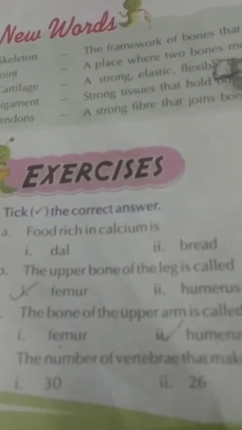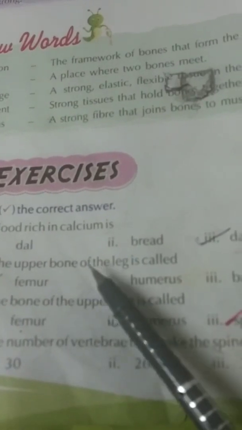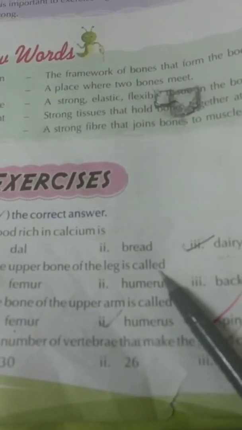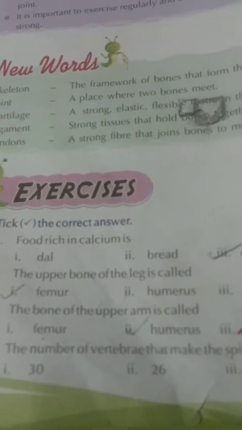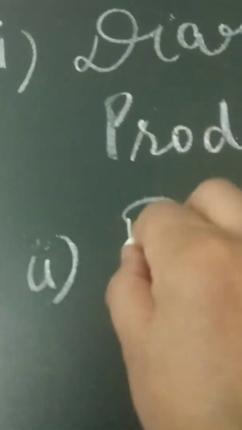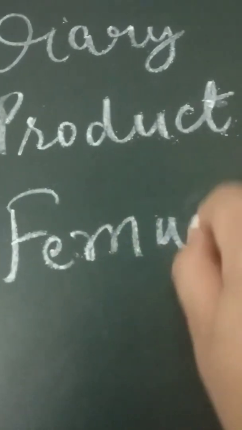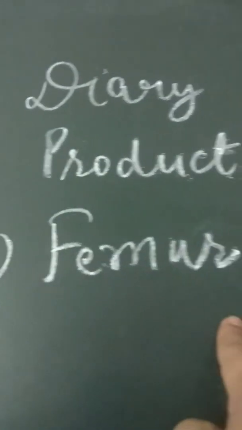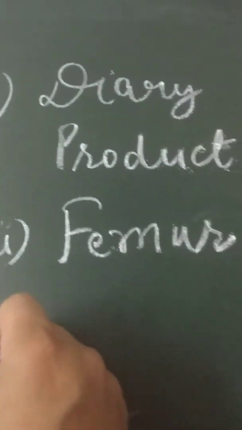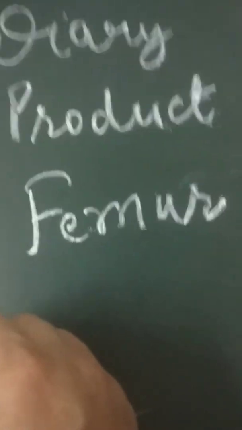Second question, the upper bone of the leg is called, answer is femur. Answer is femur.